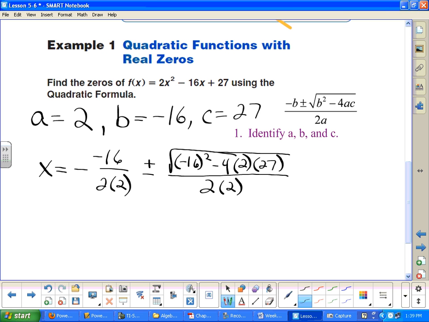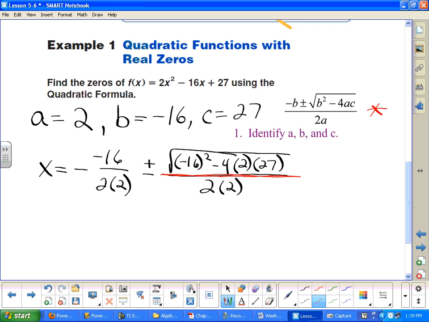Now notice, there's a reason why they like to write it this way. One reason is it shows you that the 2a is completely in the denominator. So notice when I put this fraction bar here, I made sure that it extends the whole thing, which means that you have to do the square root before you divide by 4.